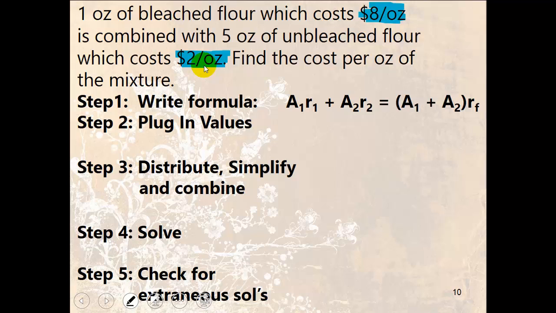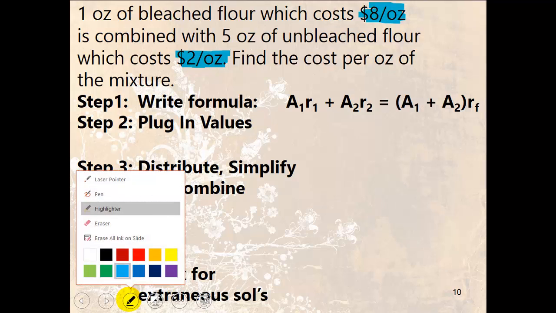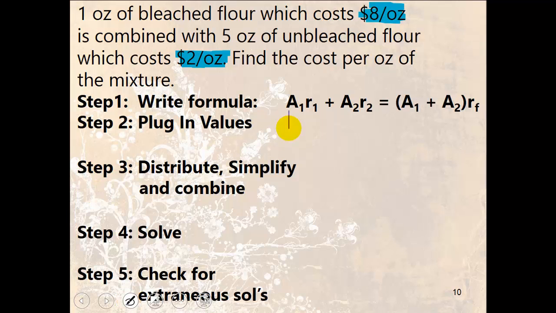So the amount for the 8 dollar flour is 1 times 8 plus the amount of the second type of flour is 5, and its cost is $2 per ounce, is equal to 1 plus 5 times the final cost per ounce.